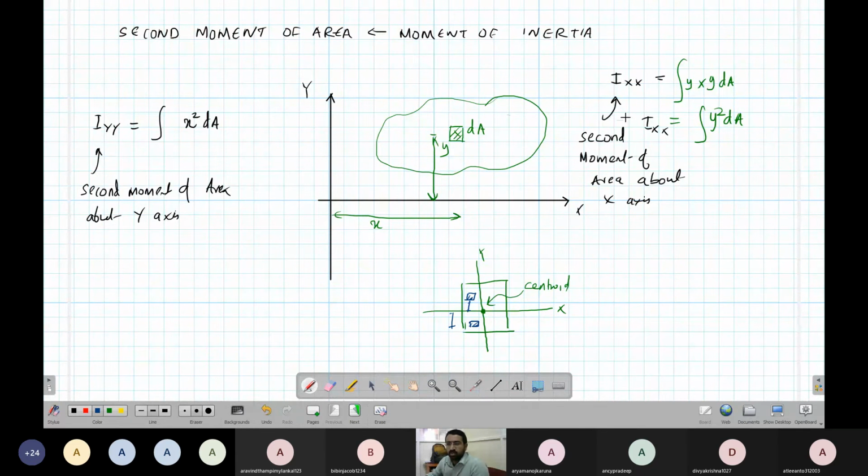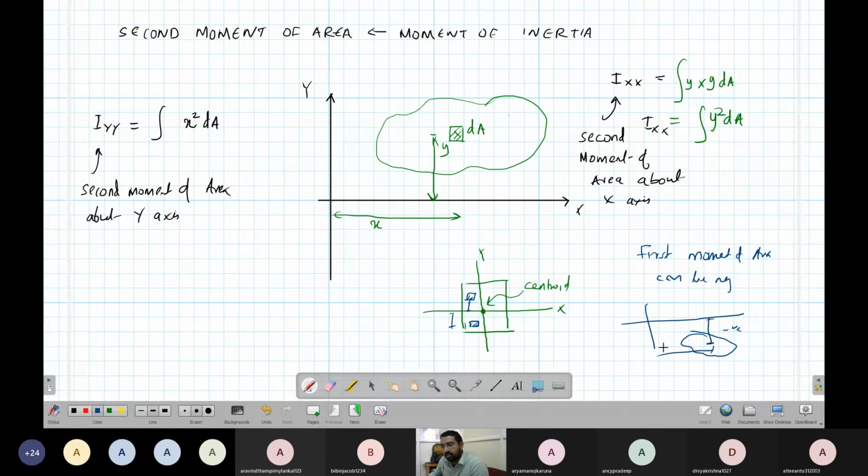One point that I forgot to mention in the last class is that the first moment of area can be negative, because your distances can be negative. The second moment of area cannot be negative, because we are squaring the distance; a negative distance can be squared. About the centroidal axis, I am assuming this axis passes through the centroid of the body.